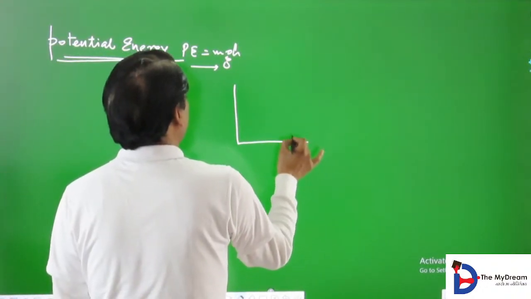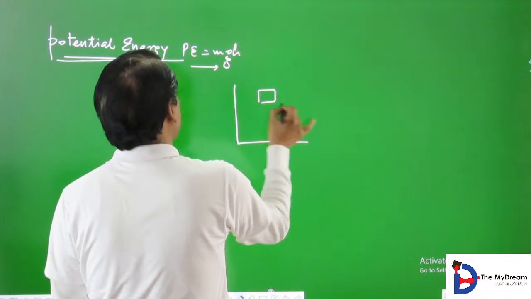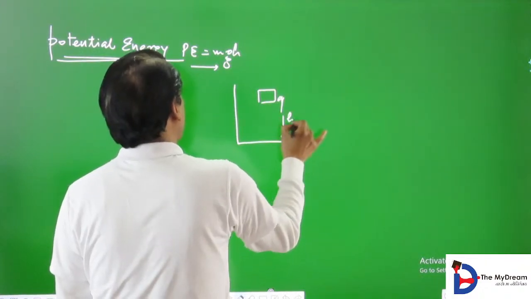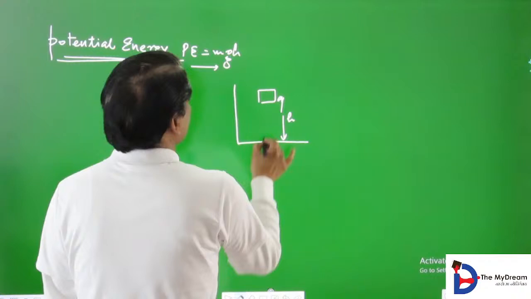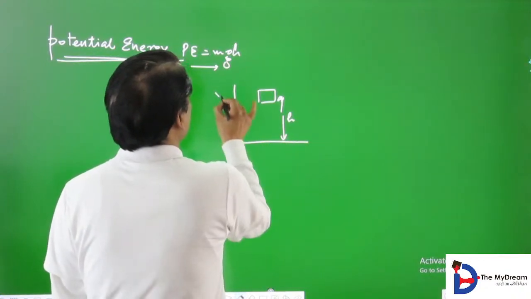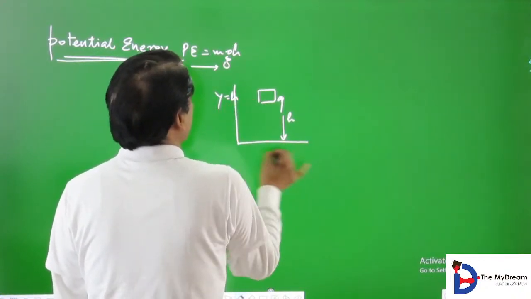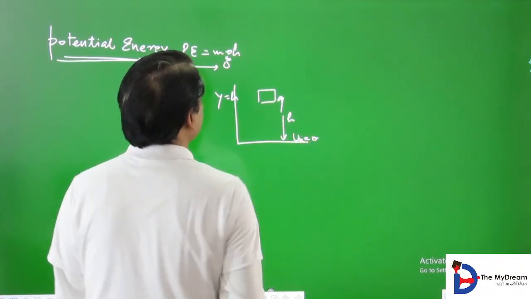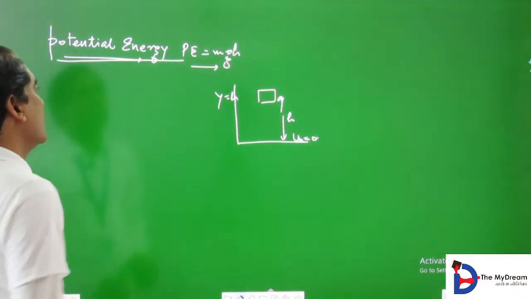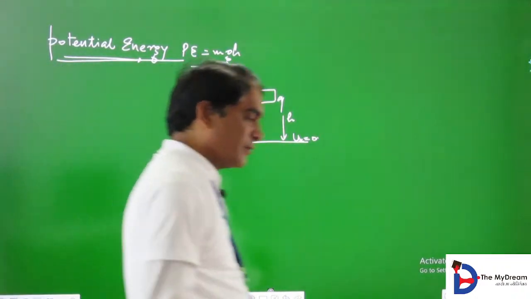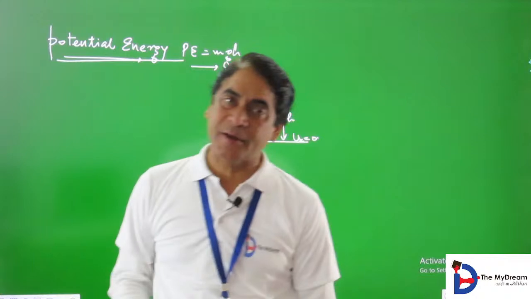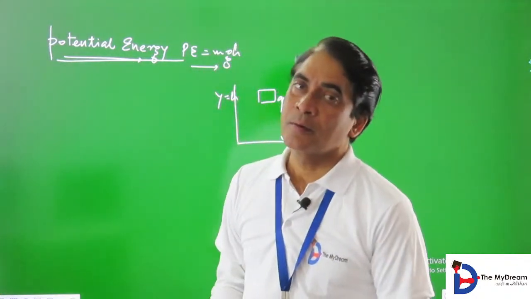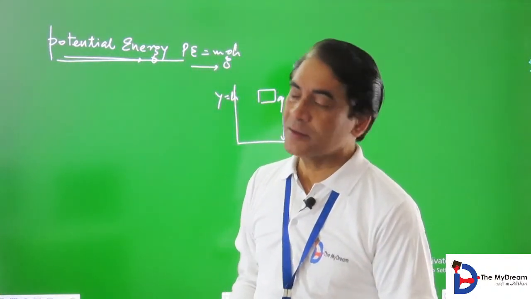Initially that object is at rest at a certain height, initially the kinetic energy is zero. So potential energy is defined as the energy possessed by an object due to its stable stationary position.